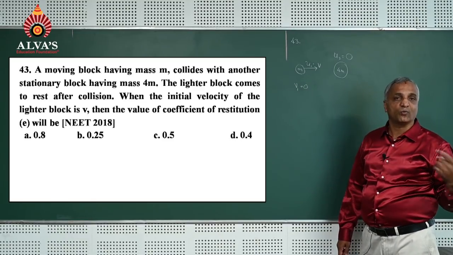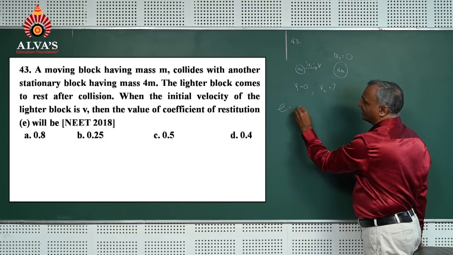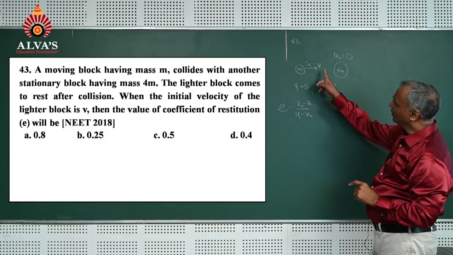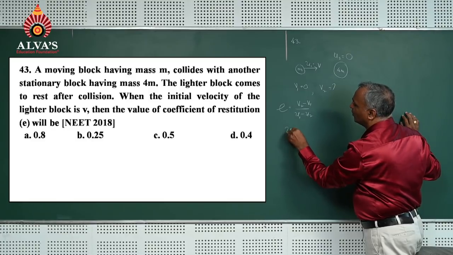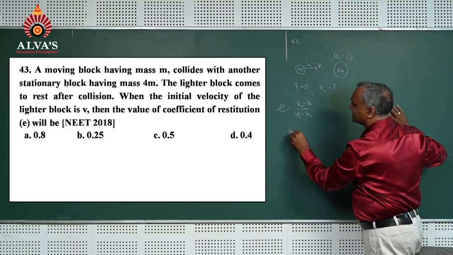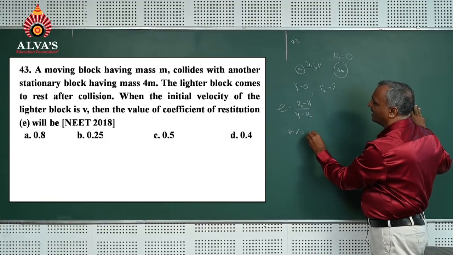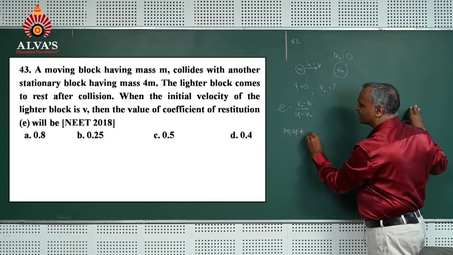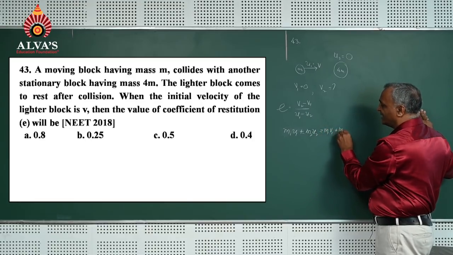And I want to find out what is v2, you find out first, because coefficient of restitution is v2 minus v1 divided by u1 minus u2 is expression. So you go for conservation of momentum principle. Initial momentum is u1 is actually v, mass into v, second mass anyhow is at rest, is equal to, and I can write like this, m1 u1 plus m2 u2 is equal to m1 v1 plus m2 v2.